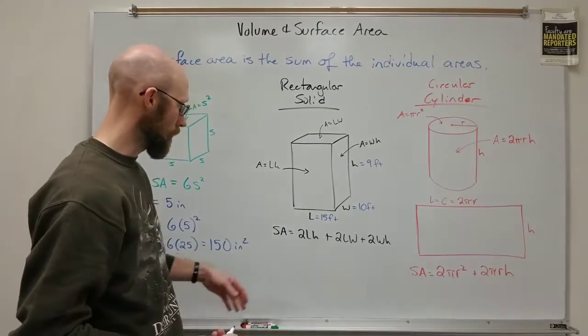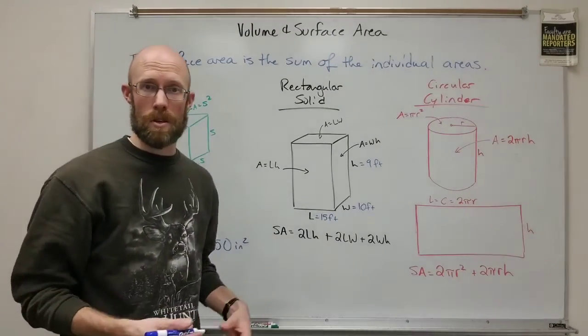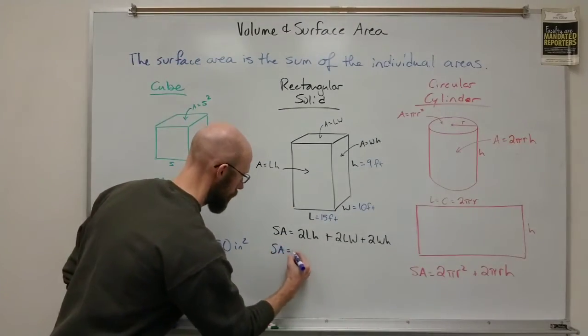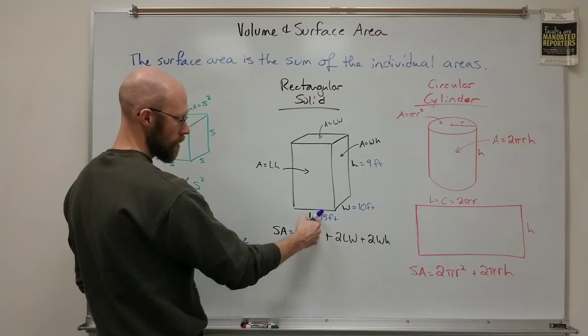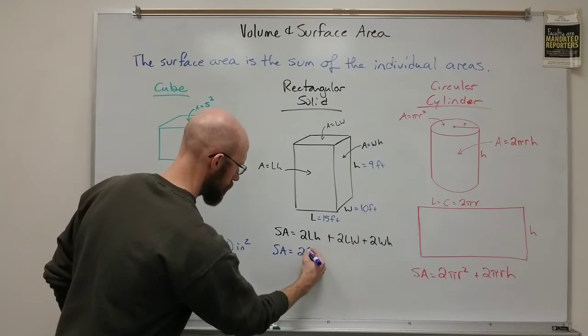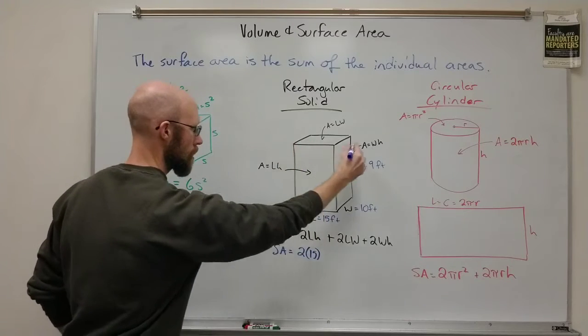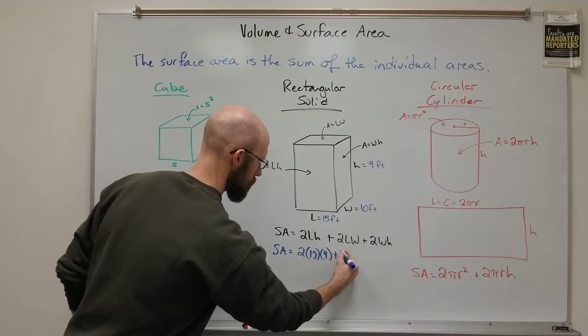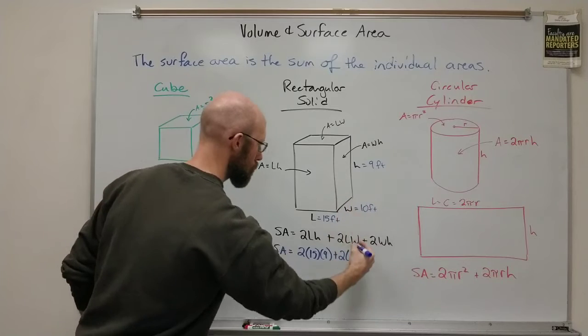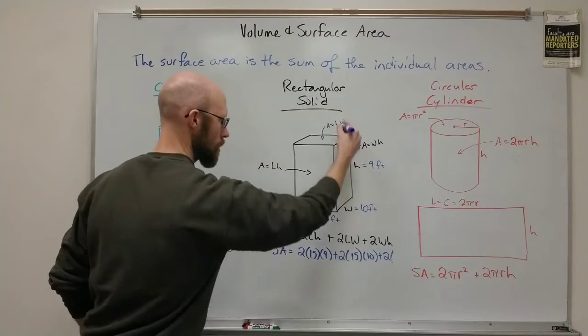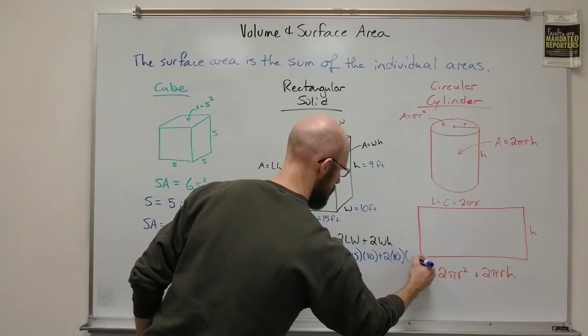Then the amount of paint I need can be calculated using the surface area of a rectangular solid. So surface area is going to be 2 times the length times the height, 2 times 15 times 9, plus 2 times the length times the width, 15 times 10, plus 2 times the width times the height, 10 times 9.